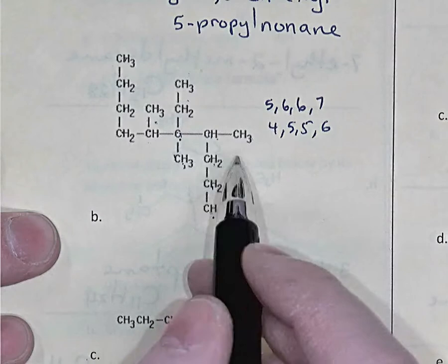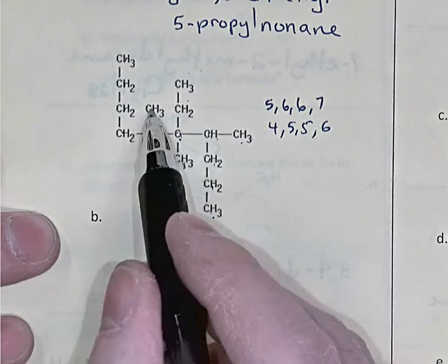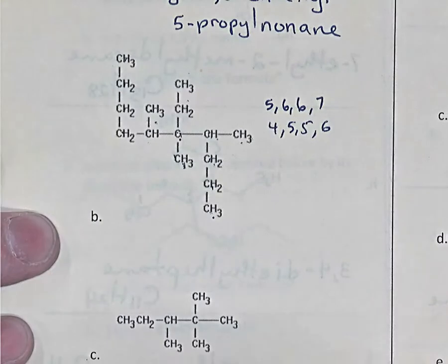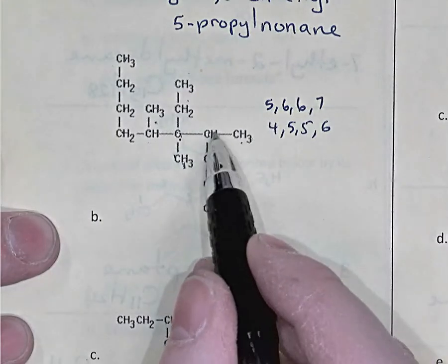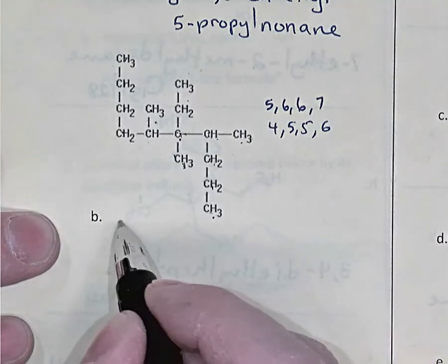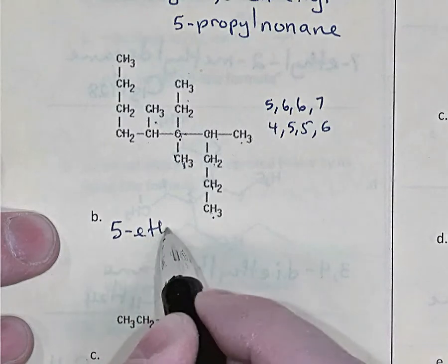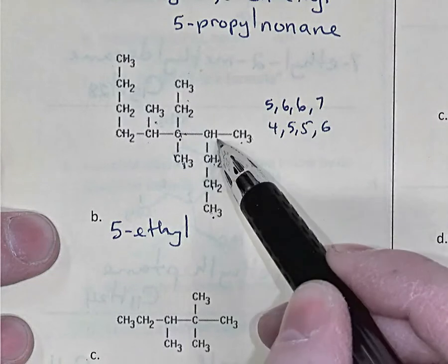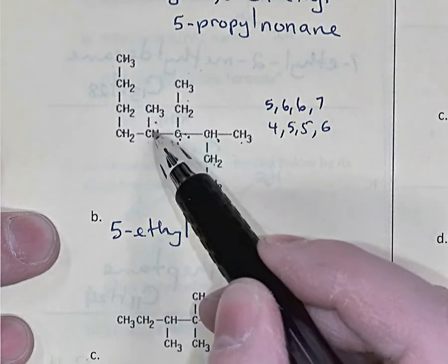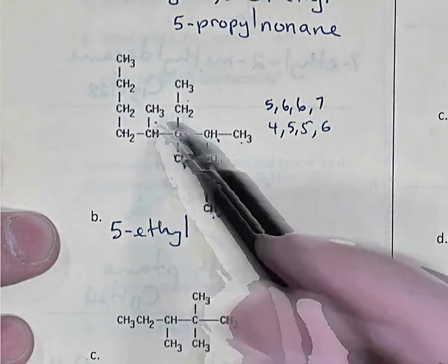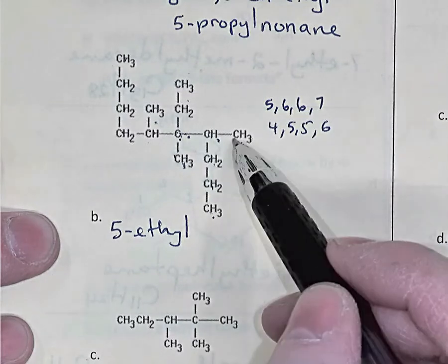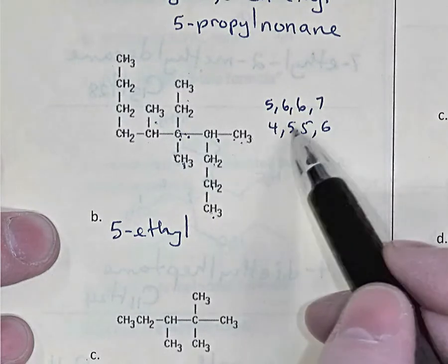So we have methyl branches and we have ethyl branches. So ethyl before methyl. On carbon 1, 2, 3, 4, 5, there's an ethyl, so 5-ethyl. And then on carbon 4, 5, and 6. Did I get that wrong earlier? No, that's right: 4, 5, and 6.